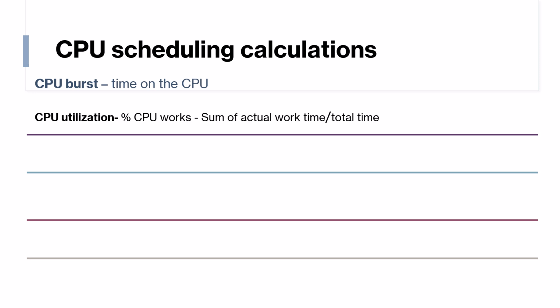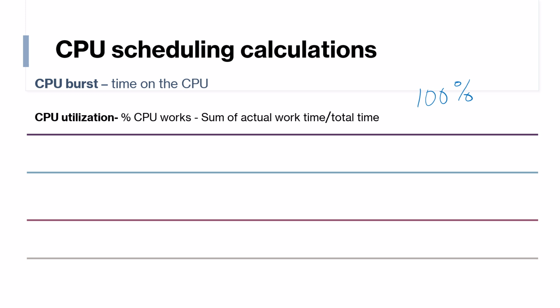CPU utilization is the percent of time the CPU is working. In these simple examples, we're always going to have 100% CPU utilization. That's because we're not having any events. All of our processes are just doing their CPU bursts.